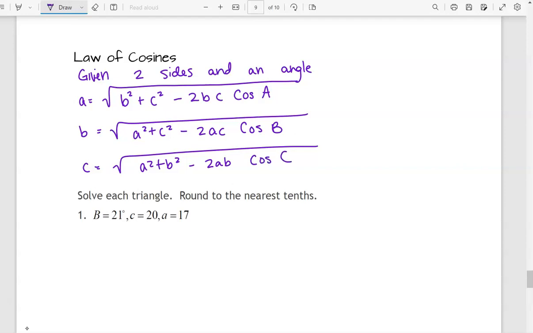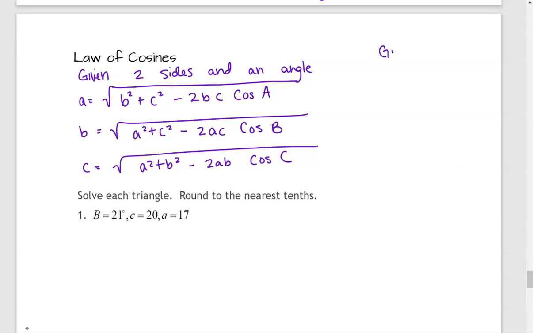And then if we are given three sides, then A is going to equal the cosine inverse of b squared plus c squared minus a squared all over 2bc.